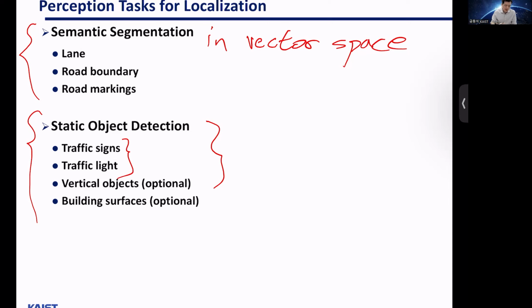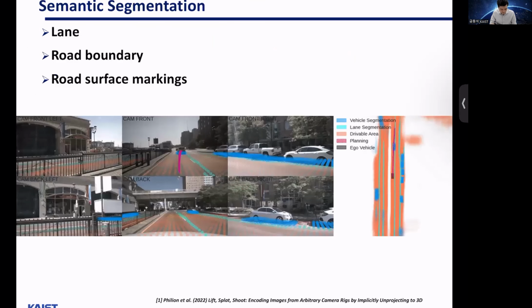That's not going to help when it comes to localization, so we need to detect the position of these objects in order to use them for the localization problem. I hope that's clear.